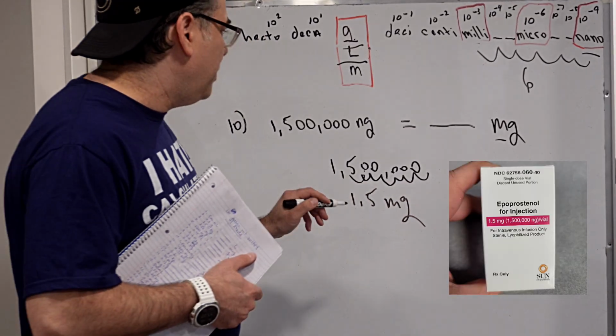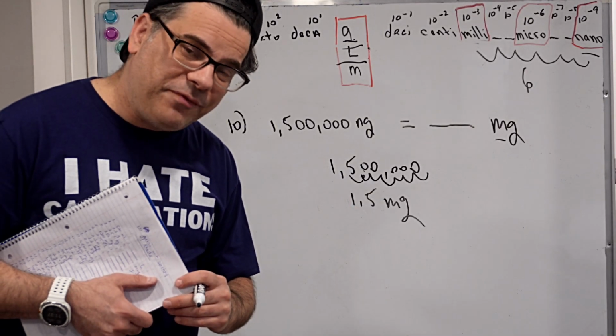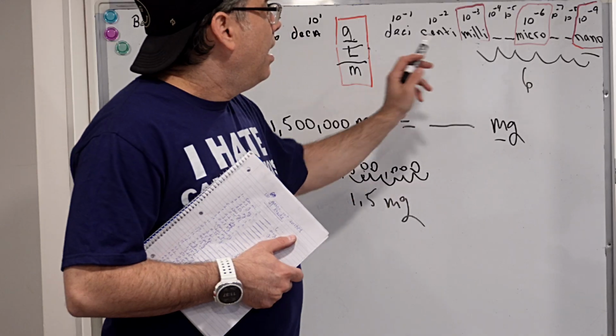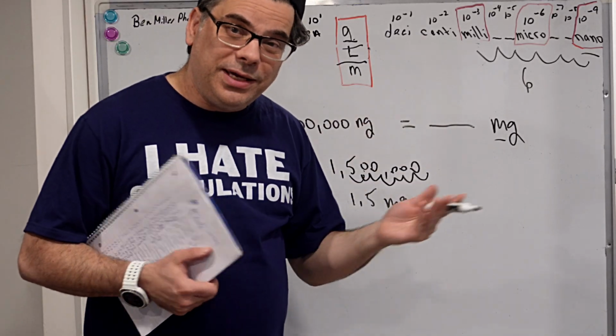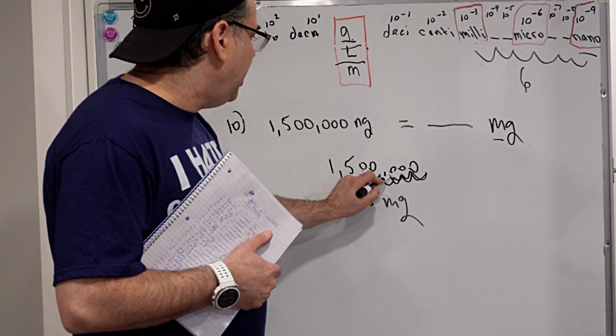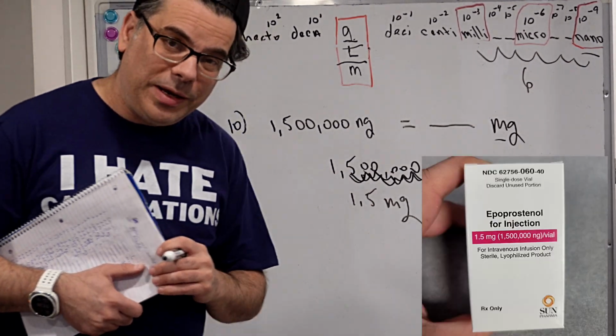What we're doing is moving the decimal point 6 spaces to the left from nanograms to milligrams. Nano is 10 to the 9, milli is 10 to the negative 3, that's 6. So 1.5 milligrams is the answer.